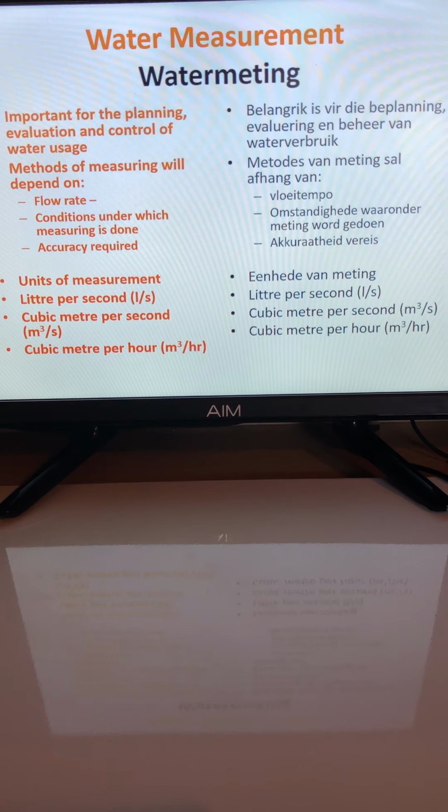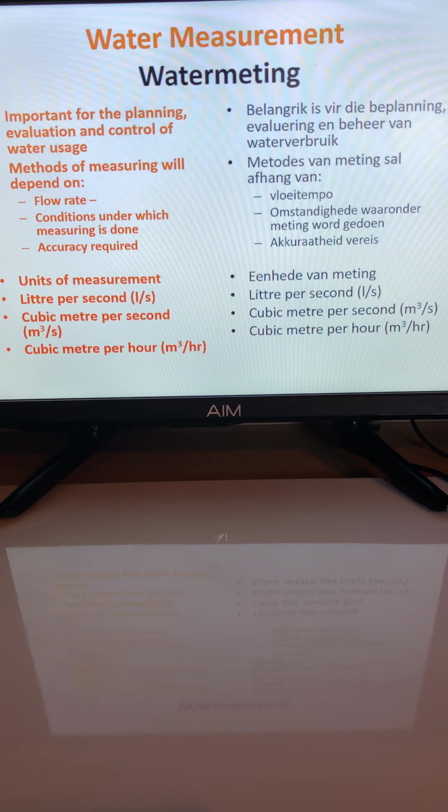What we are doing is measuring the amount and the rate of the water, and there are different ways of measuring the water rate or amount. The methods that we use will depend on the flow rate, the conditions under which measuring is done, and the accuracy required.